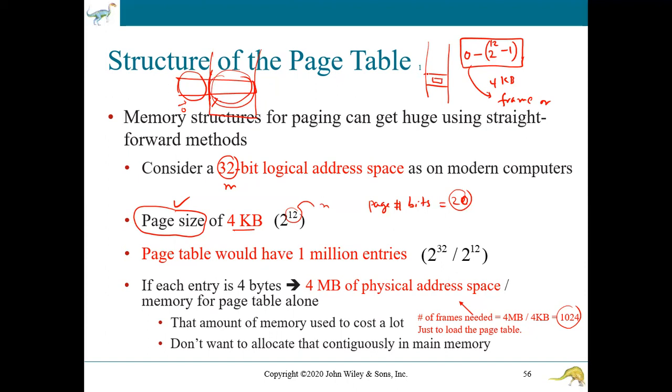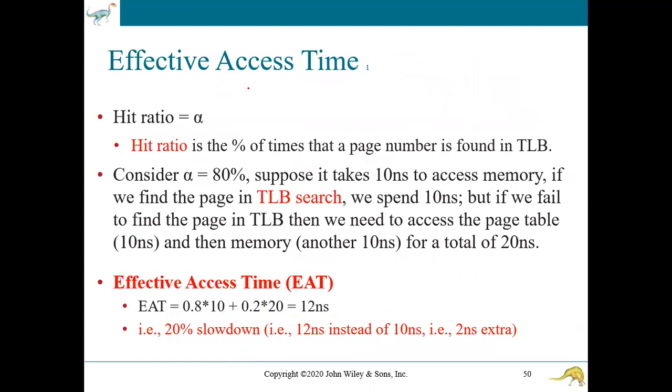If it is in the process, it's a page number. If it is in the main memory, in the RAM, it is a frame number. Offset is offset. Offset is always the same bits. That doesn't change. The offset bits don't change.